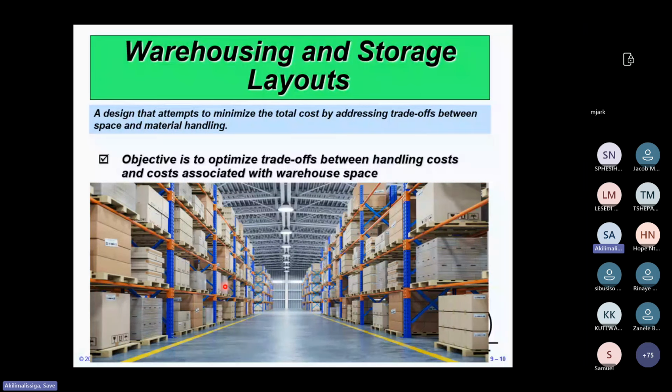So these are what we refer to as handling cost. So what you need to understand here is that when we are talking about the warehousing or storage layout, there are two costs: handling cost and costs related to the use of the space, right?